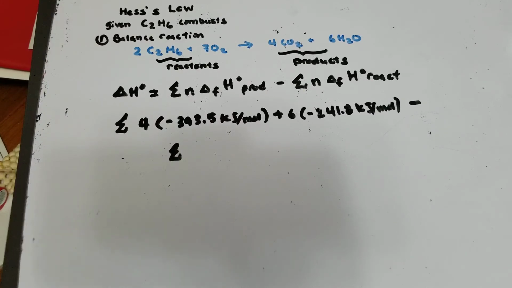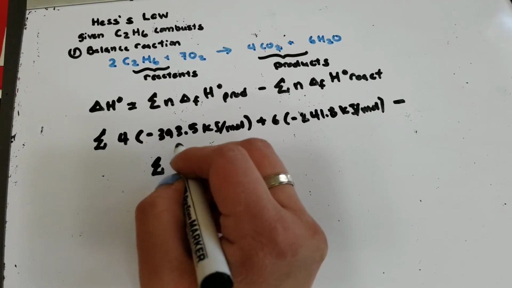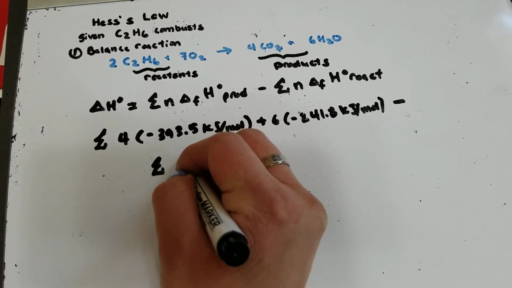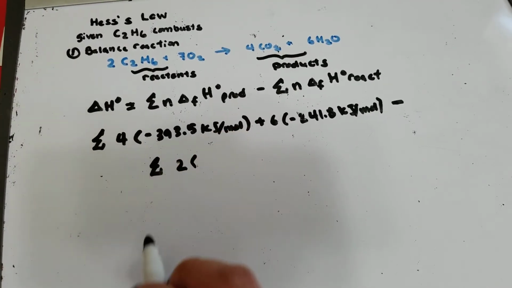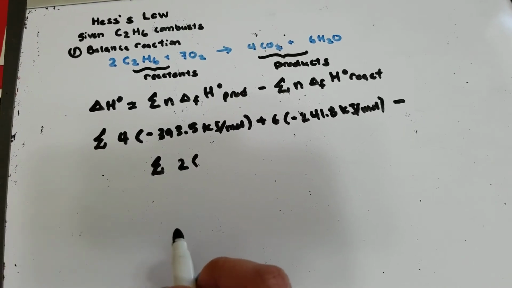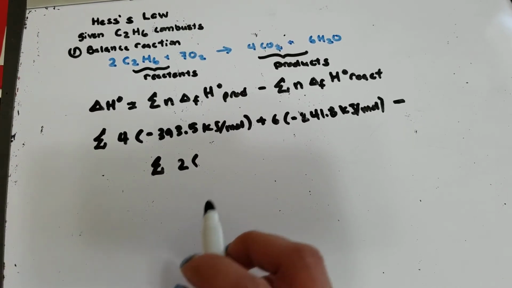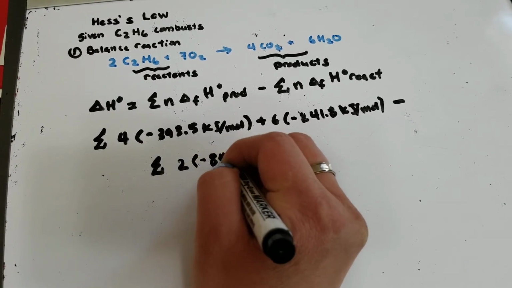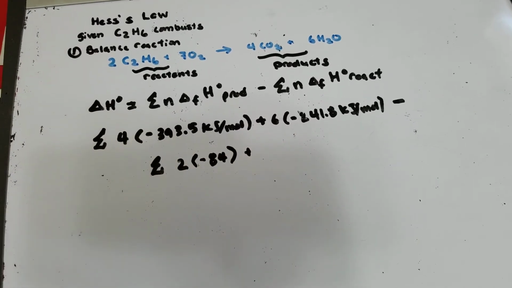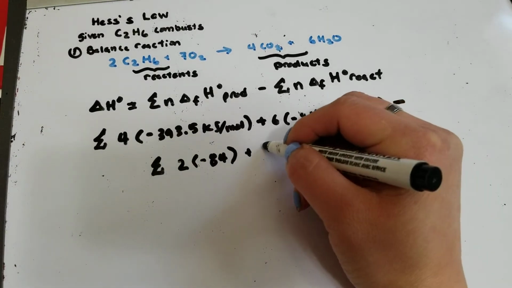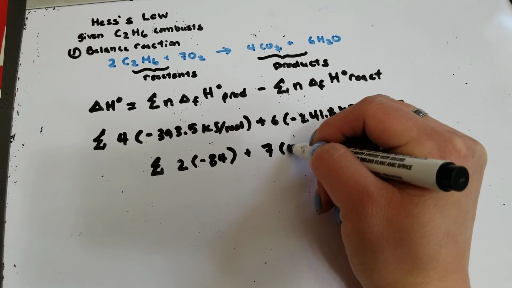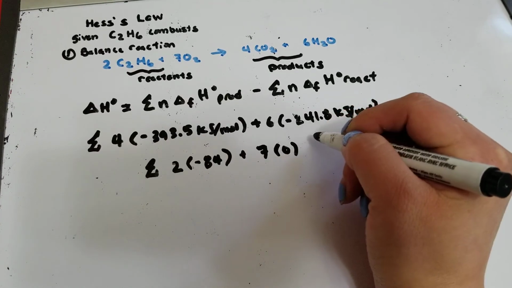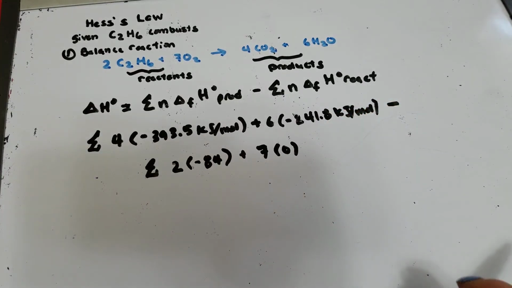So when we do this, we have 2 moles of C2H6. When I look up C2H6 in my data book, I get a number of minus 84 plus I have 7 moles of oxygen, 7 moles times a heat of formation of 0, and that is my formula.